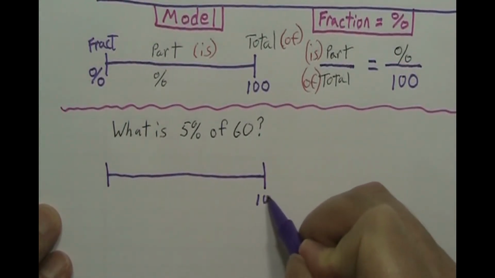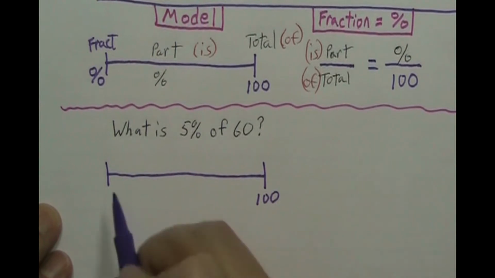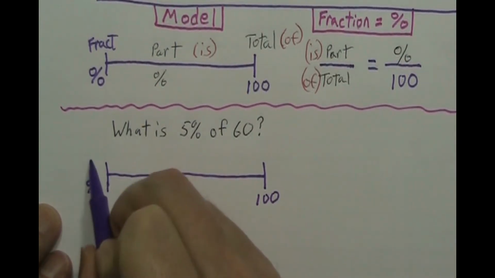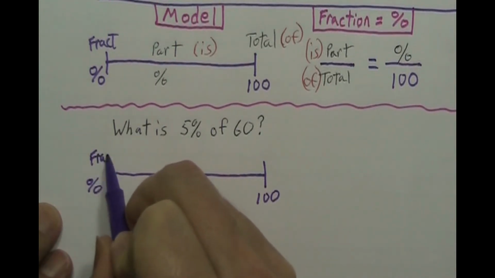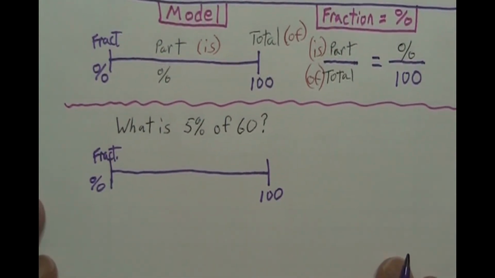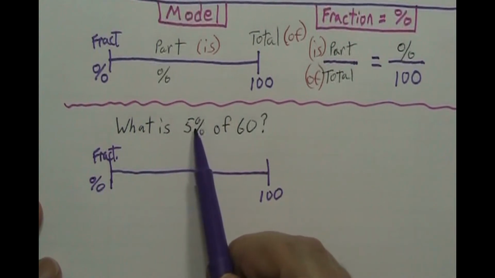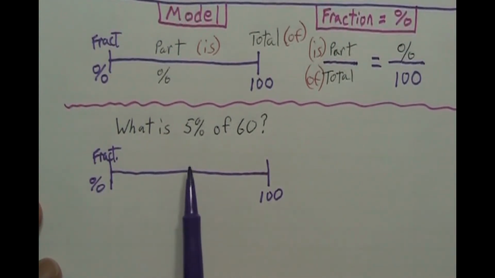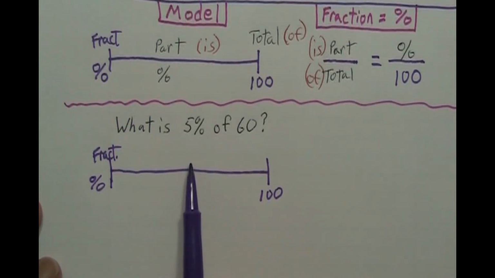Remember, 100 goes right here, this is your percent number, and up here is for the fraction. Notice we already have 5%, so that goes down there with percent.